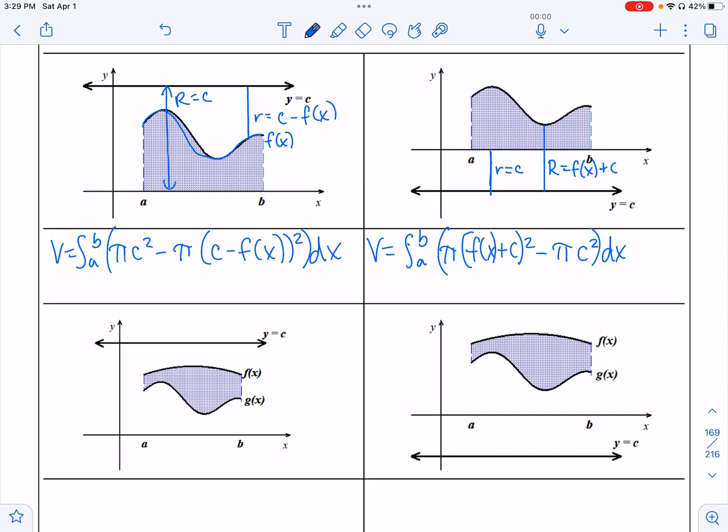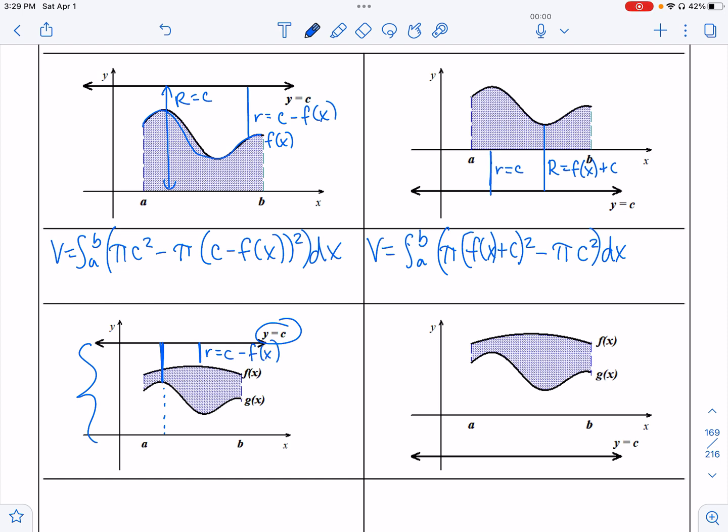And this one, we can tell our outer radius is this here. So remember, we're revolving around some constant function, y equals c. So if we take this c, this height from here to here, and we subtract away this distance down here, we're left with this distance up here. Then the smaller radius is c minus f of x.